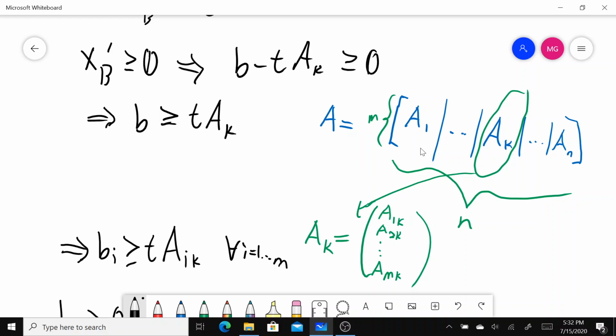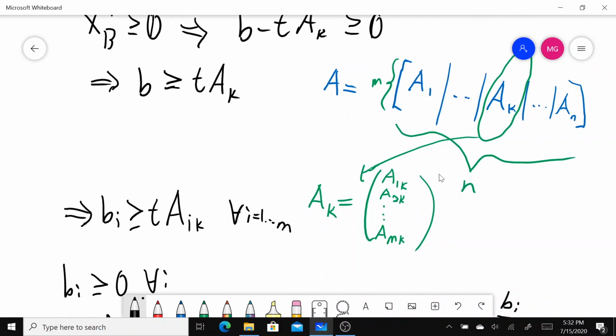So ak is the kth column of A. If I look at the matrix A, it just consists of a bunch of columns, a1, a2, here's ak, keep going, all the way to the last column, an. By convention, the notation is that there are m rows and n columns. And so the column vector ak consists of m components here, because there's one component for every row for a column vector.